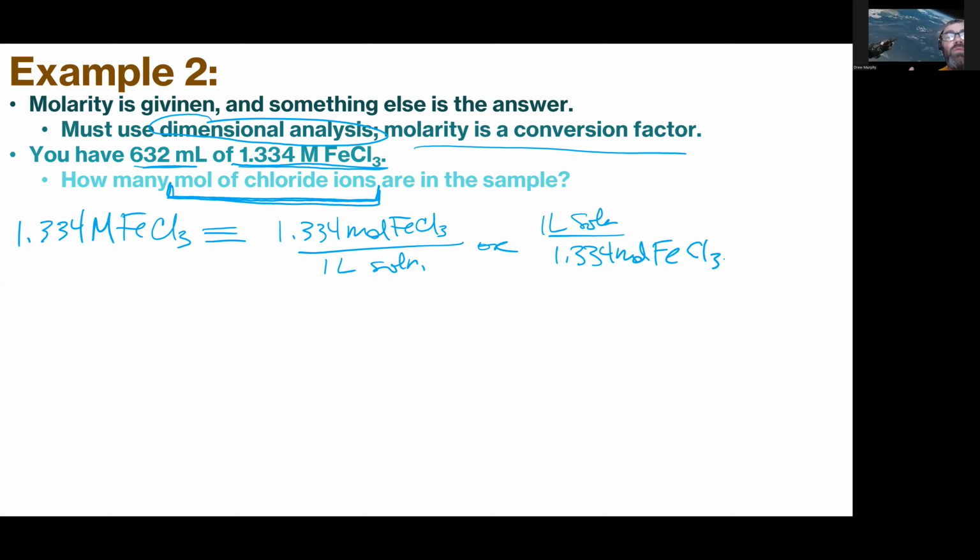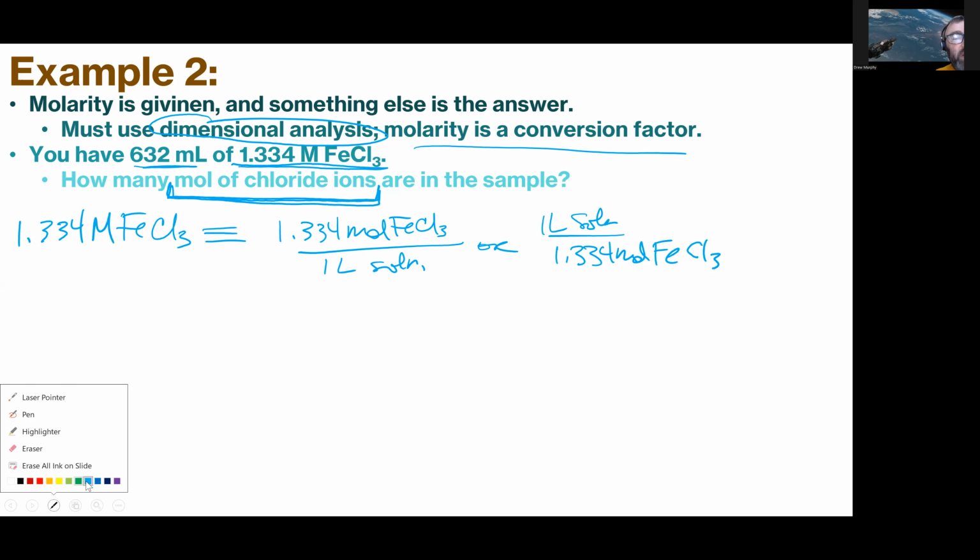The one you choose is going to depend on what your dimensional analysis tells you to do. This also means I don't want you to start the calculation with molarity, because there's a big chance you're going to get this upside down, and we don't want to get things upside down.